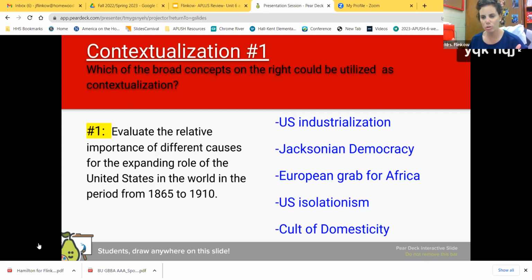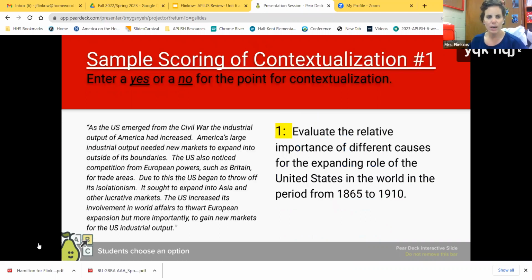Okay, the U.S., due to industrialization, they have a lot more in their economy, a lot more products, and they needed good open trade relations with other nations. Think about China, the open door policy, okay? And then European grab for Africa. At the time, Europeans were basically colonizing Africa, and America saw this and didn't want to be left out of the colonization, all right?